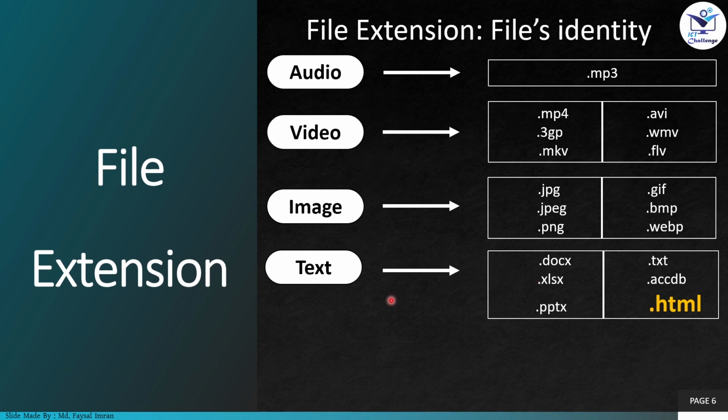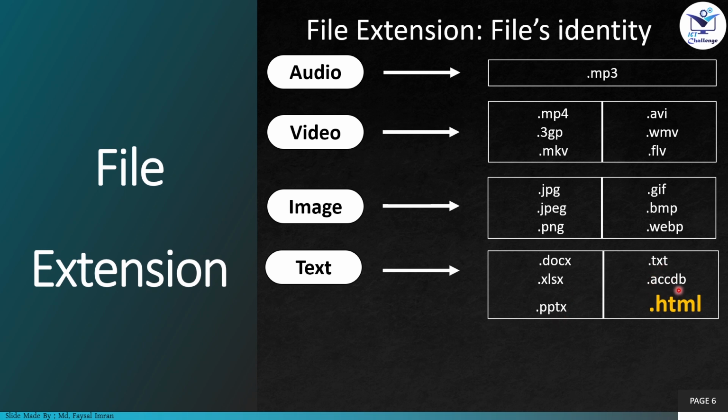That means if you want to keep any text inside your device, you need a file. Here we used a PowerPoint file, so we need pptx. This is the file extension of this file. For docx, this is another text file. xlsx is another text file.